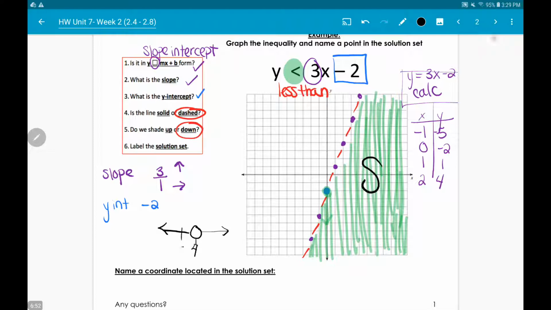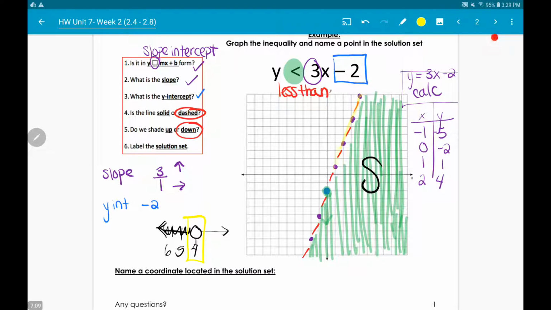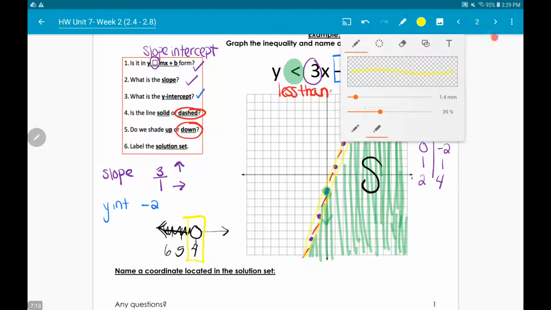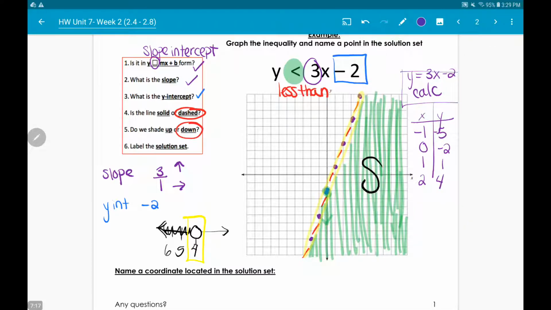Let's say this number was 4. Were we allowed to include this 4? No, because it wasn't included. Same thing for this line. When we have an open line like we do here, we cannot include that in our solution, but we can include anything in the shaded region. So when in doubt, pick something in the shading. That is going to be your secure bet.